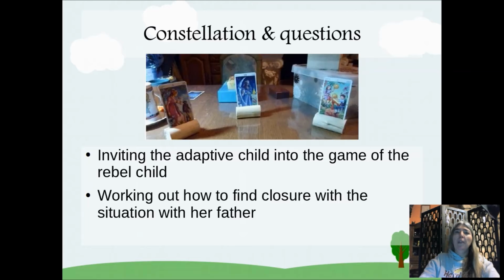Whenever she did something and wanted a reaction from her father, the reaction was always negative, and she ended up saying, well, at least I have a reaction from my father. It's better to have a negative reaction than no reaction at all. And it became clear to her. So we worked out what she needed to find closure.